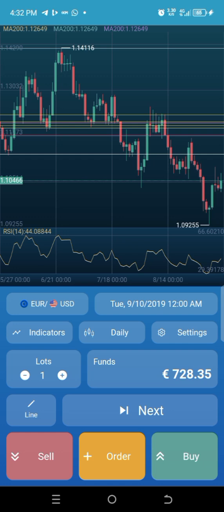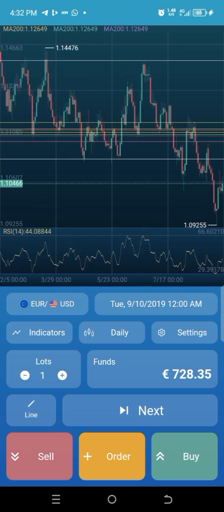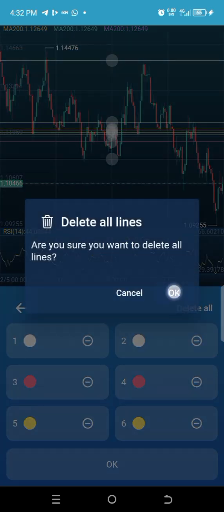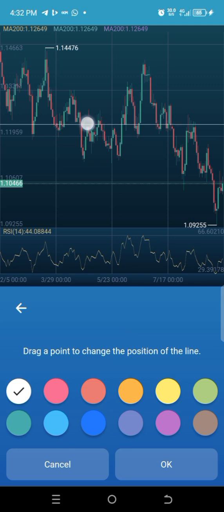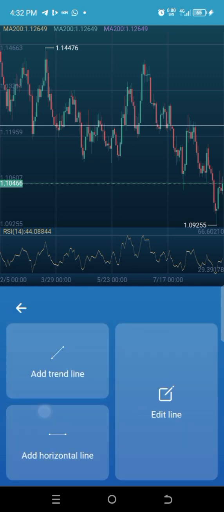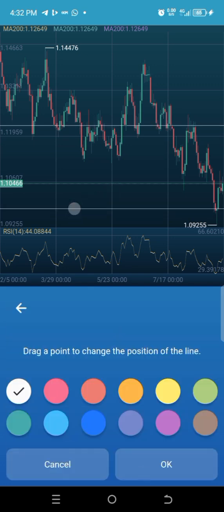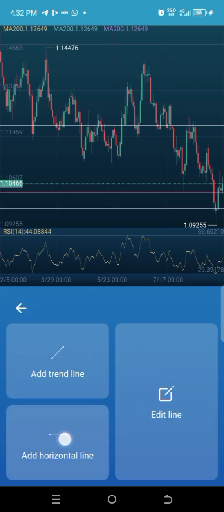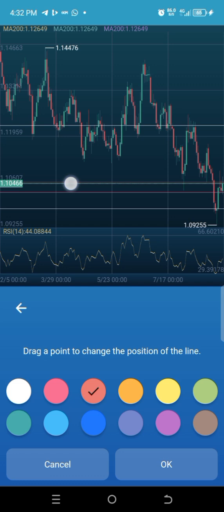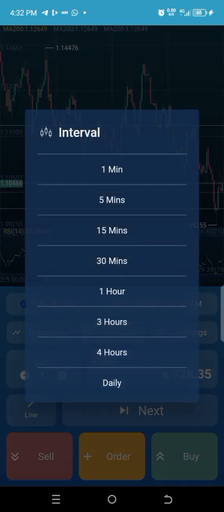Area of interest. New highs, new lows, marking. New high, new low. Area of interest, open, close. One hour.